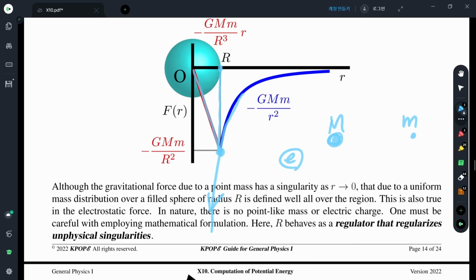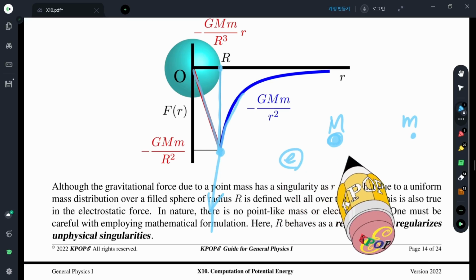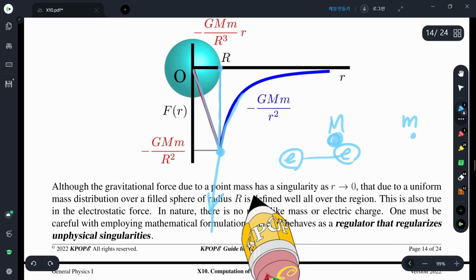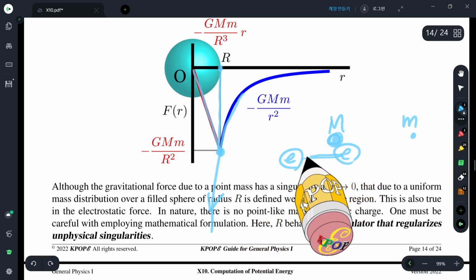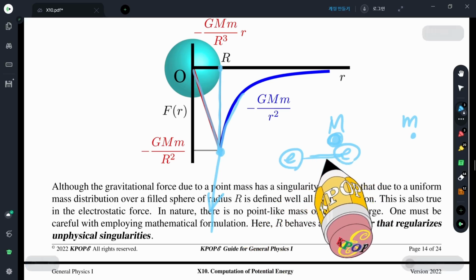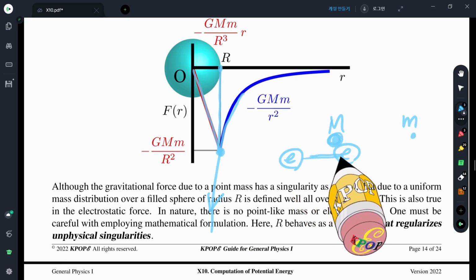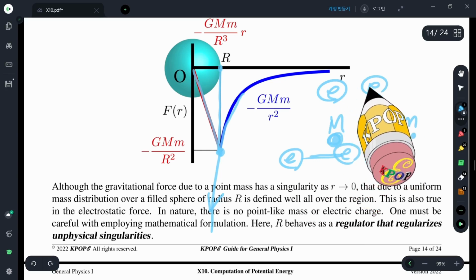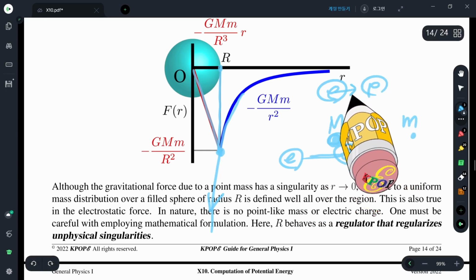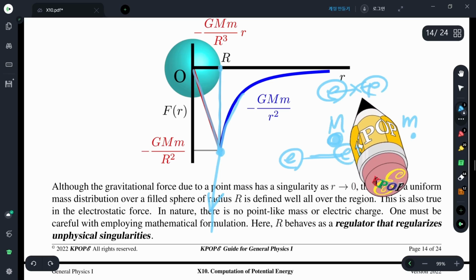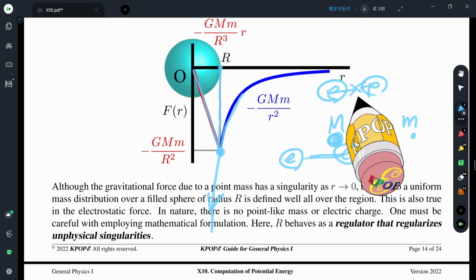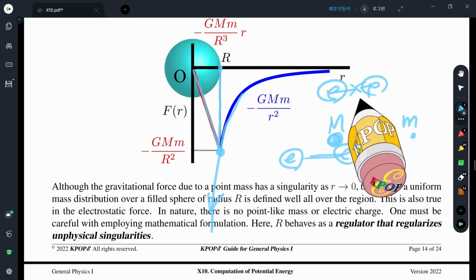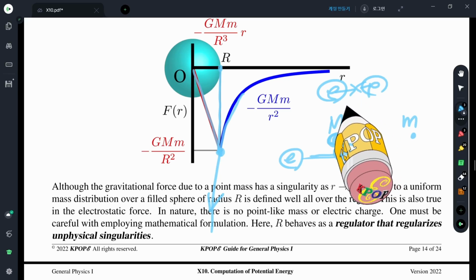It is extremely small. If you compare the interaction between two electrons, when they approach together, they have a very strong repulsive force. But for example, electron and proton attract very much, and when they approach close enough, a very strong attractive force may appear, but that is not the fact.